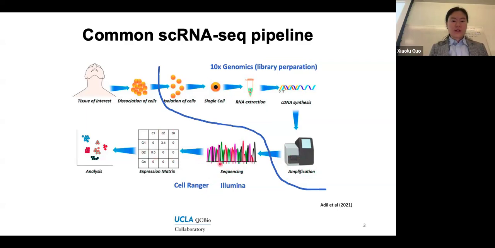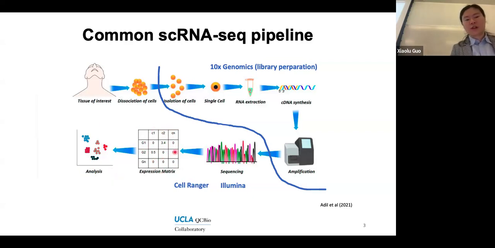And then using software such as Cell Ranger, we can get the gene expression matrix, where each row is a gene and each column is a cell. And then we can do further data analysis.